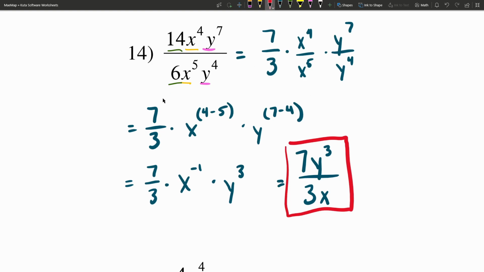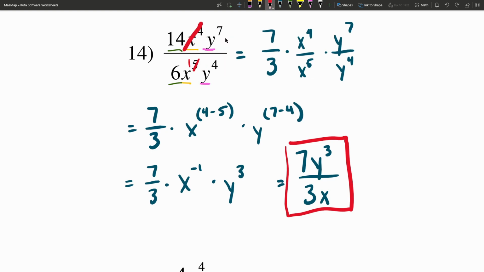Now, the more you practice with this, the better you're going to get at understanding how some of these will get canceled out. For instance, I know that I have more x's in my denominator than I do in my numerator. And I actually have one more x in my denominator than I do in my numerator. So I know all of these will get canceled out and only leave me with one remaining in my denominator. So doing the subtraction in my head. Again, for my y to the 7th, there's more y's than my y to the 4th.